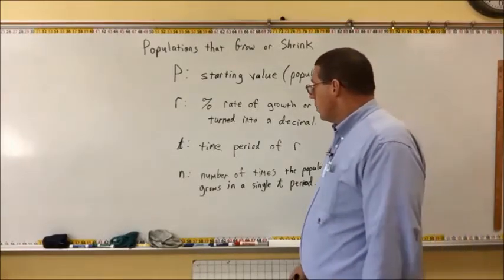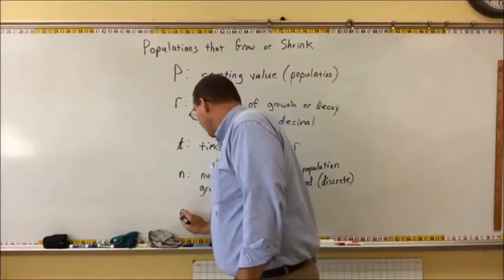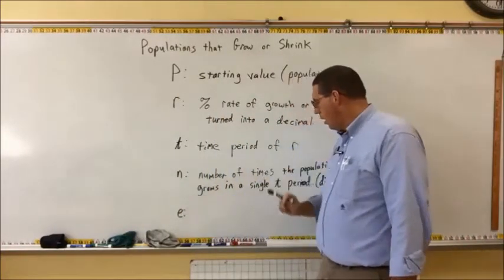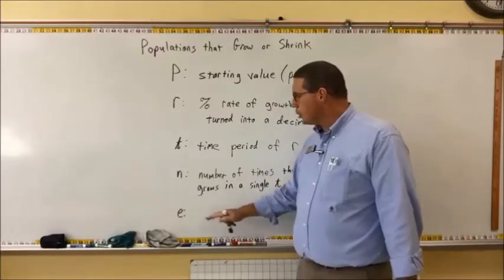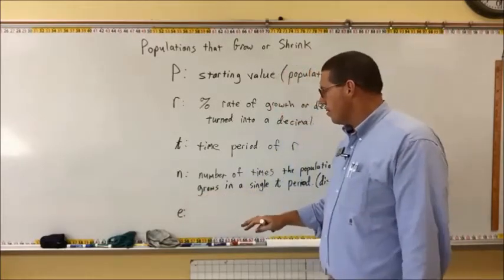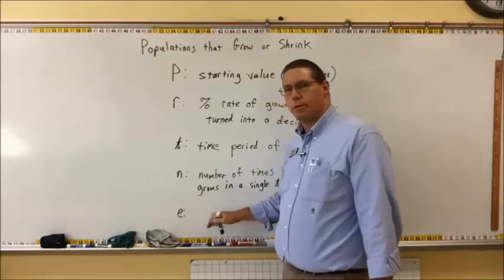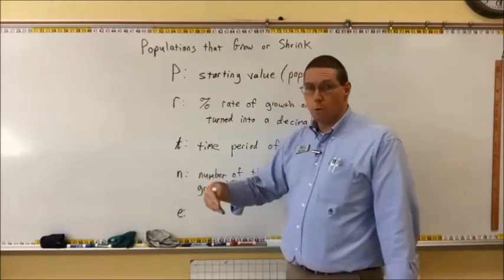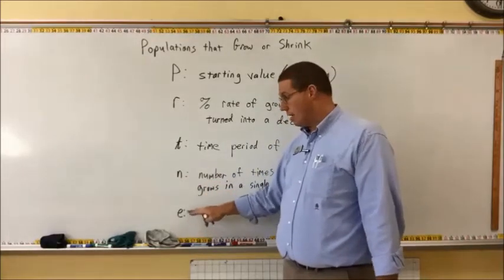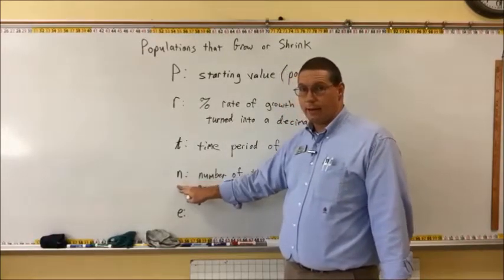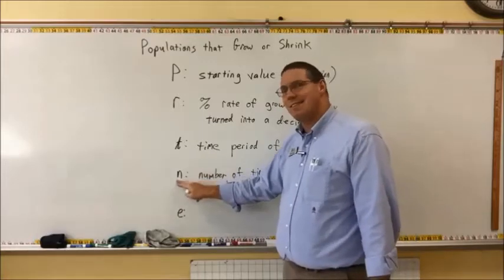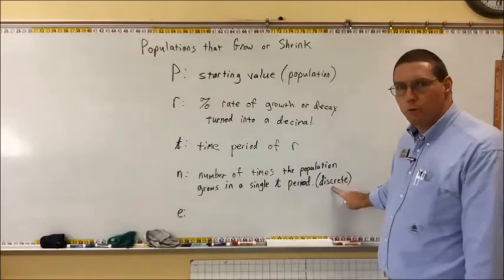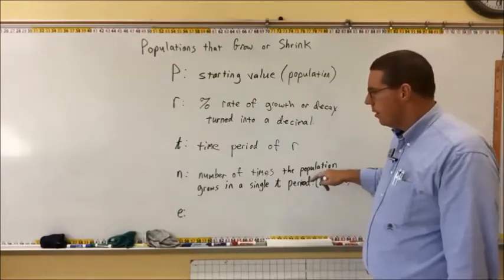Now, the last letter is the letter E. So let's talk about E. E is not going to show up in all of the formulas. In fact, typically whenever you see N, you won't see E. And whenever you see E, you won't see N. That's because N only shows up in discrete growth formulas.